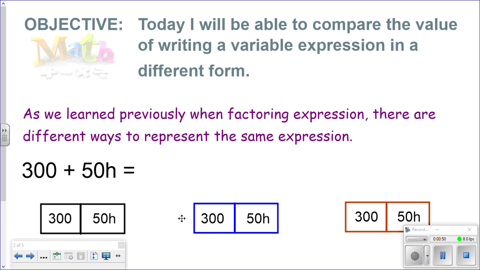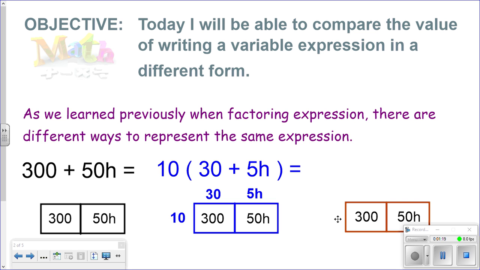If we factored out, say, a 10, 10 is common to 300 and to 50h. 10 times 30 would give us 300, and 10 times 5h would give us 50h. So we could say these two expressions really represent the exact same thing, the area of this rectangle, which is 300 plus 50h.